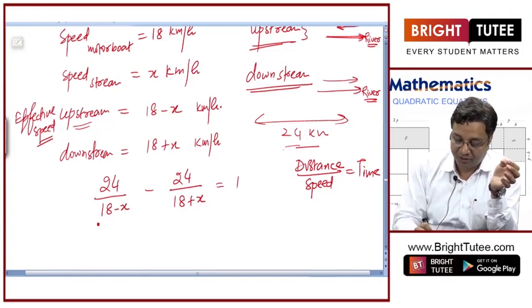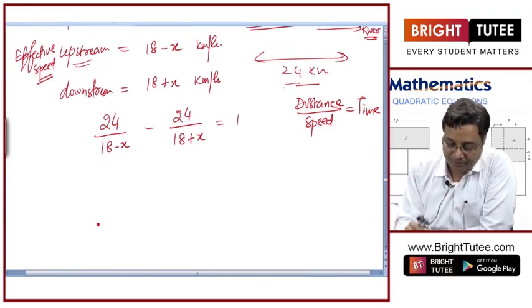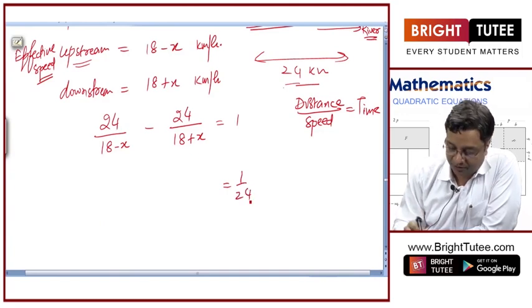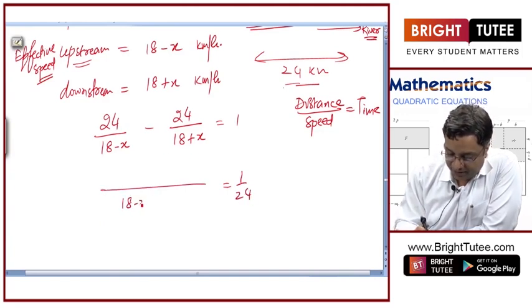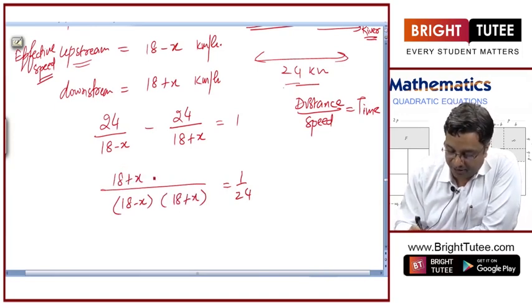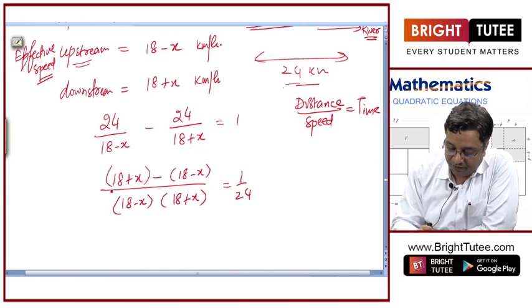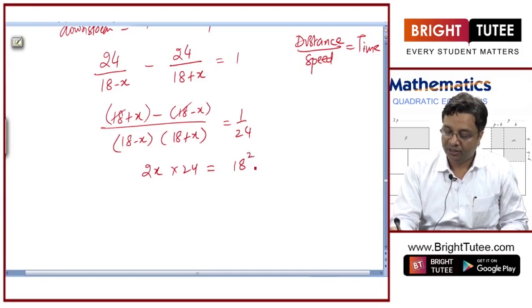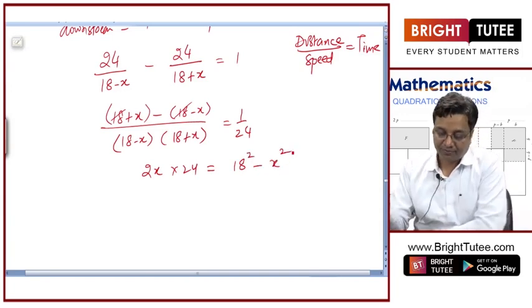Okay, so now let's form the quadratic equation as usual. Let's take 24 as common and take it on the right hand side, so I can write it as 1 by 24 and solve this. 18 minus x, 18 plus x. So 18 plus x will come here, minus 18 minus x will come here. Now when I subtract, 18 will get cancelled, and x will become 2x. 2x into 24 is equal to 18 square minus x square, right?